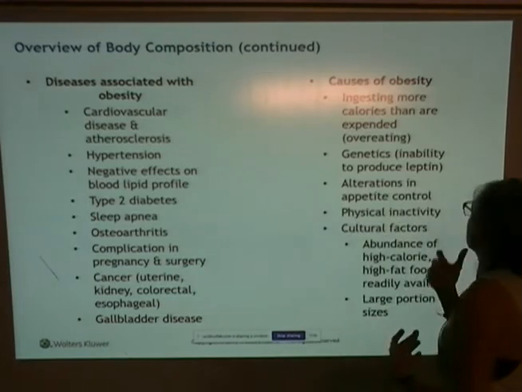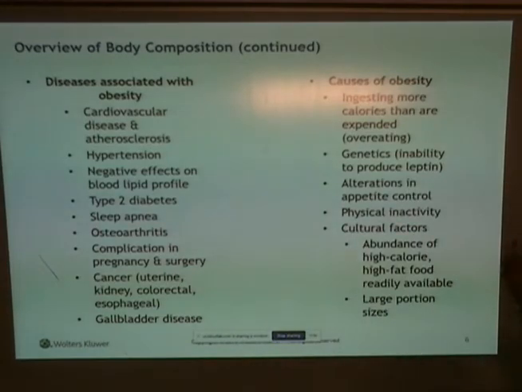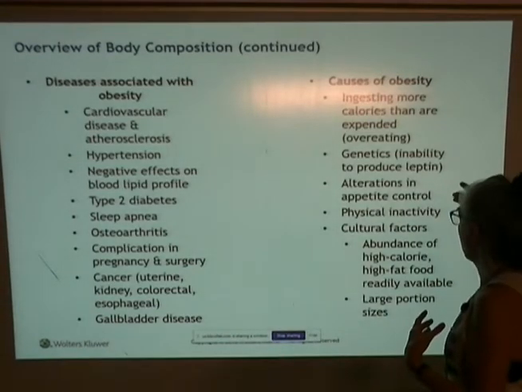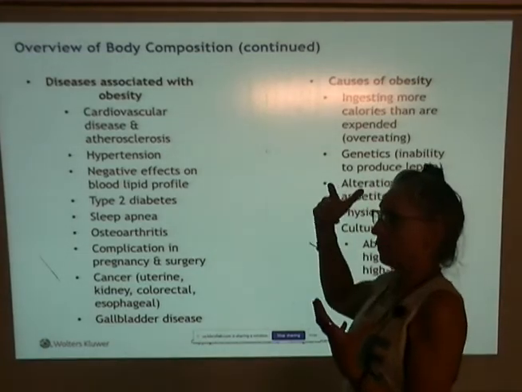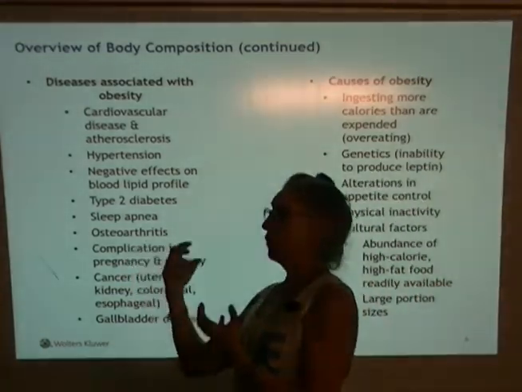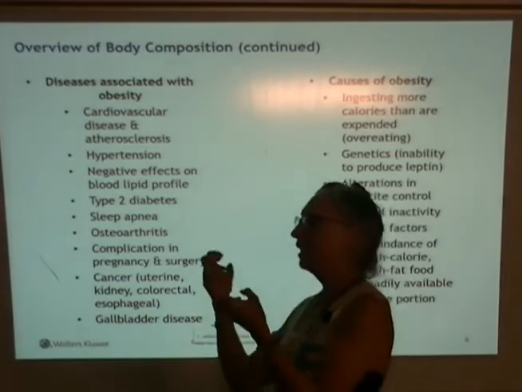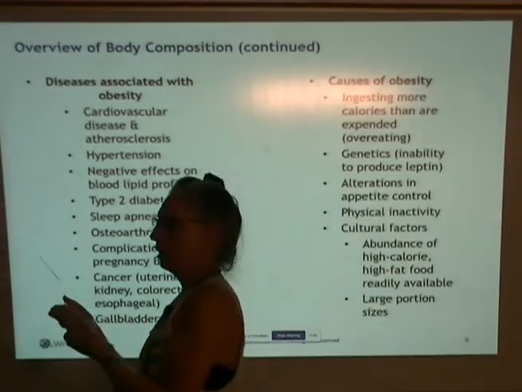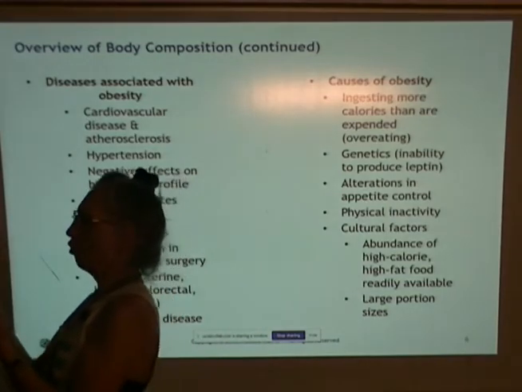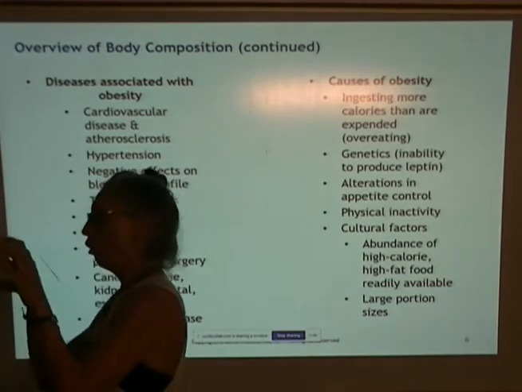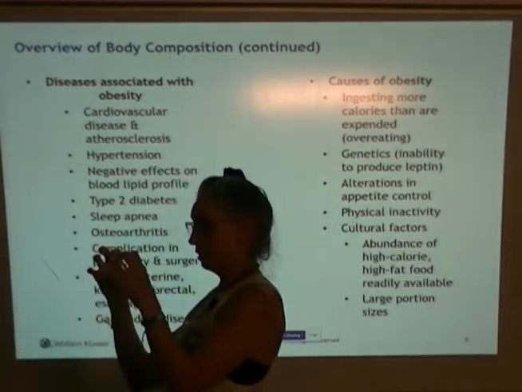All right? So for example, for some people, the research has shown that they don't produce enough or possibly any leptin. Leptin is involved in the breakdown of stored fat tissue.